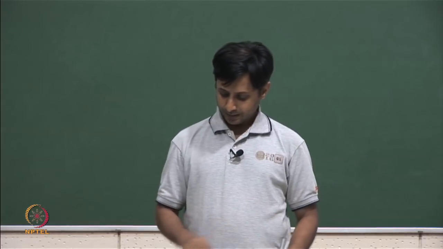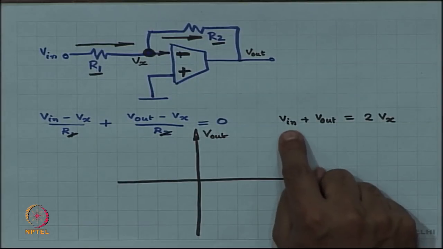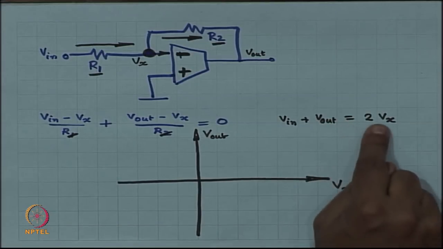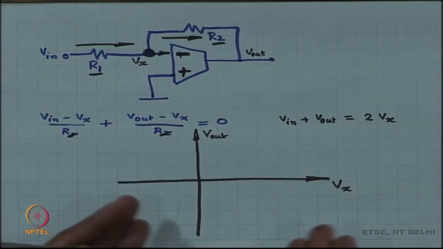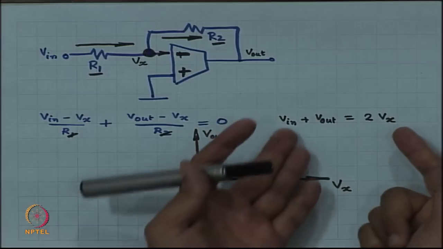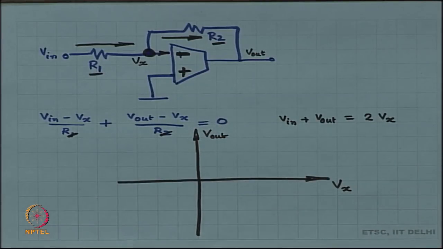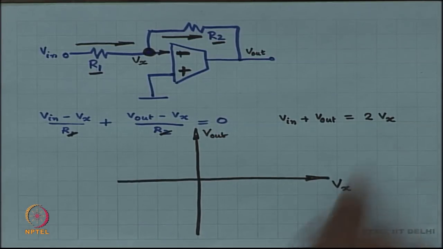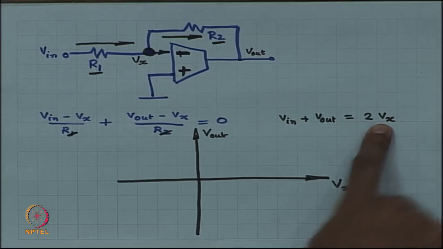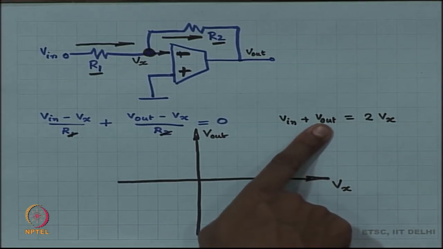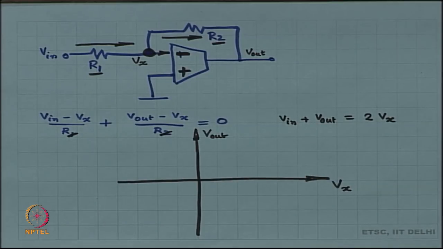Okay. So, I have an equation over here, V in plus V out is equal to 2 V x, and I would like to plot this equation on this graph, where the x axis is V x and the y axis is V out. What is it going to look like? A straight line, lovely.